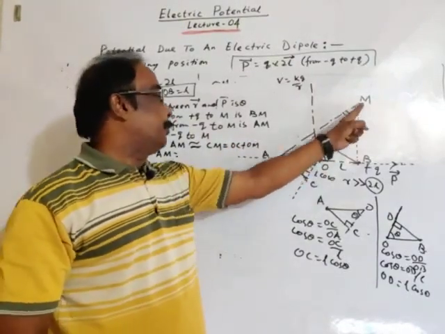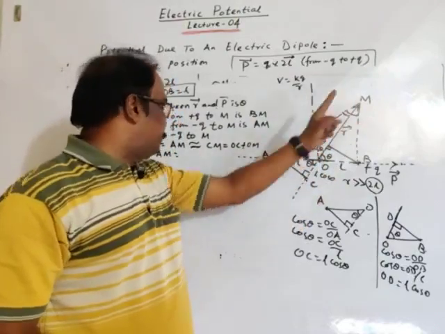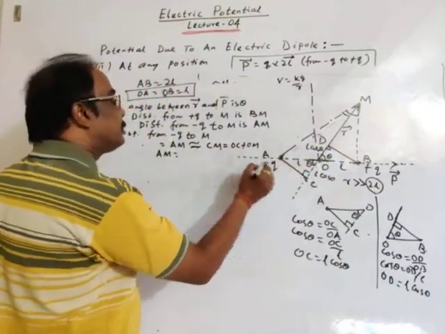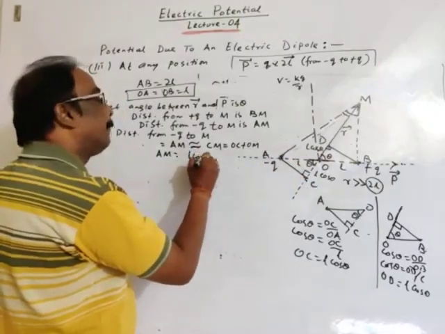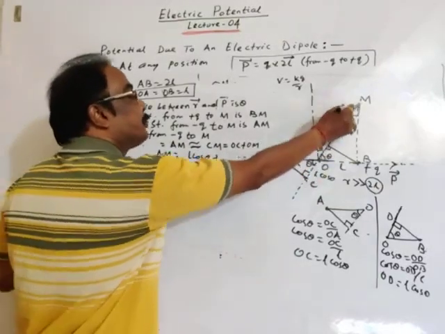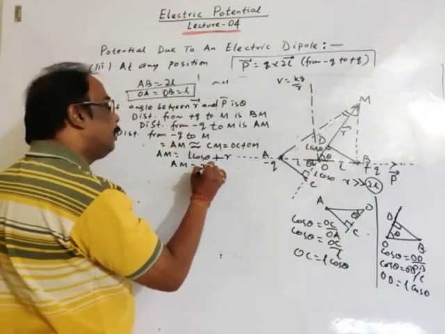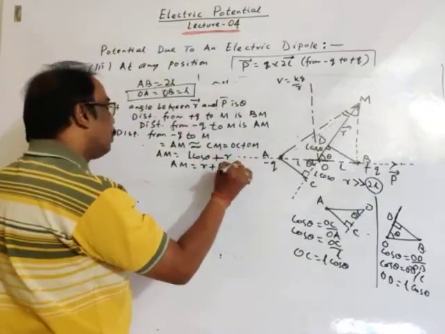So AM is equal to OC, which is L cos theta, plus OM, which is R. So AM is equal to R plus L cos theta.